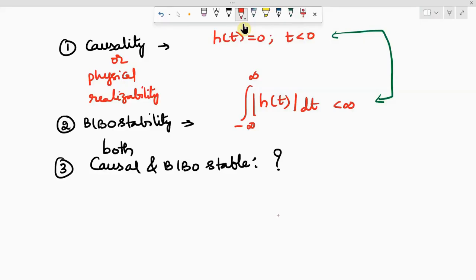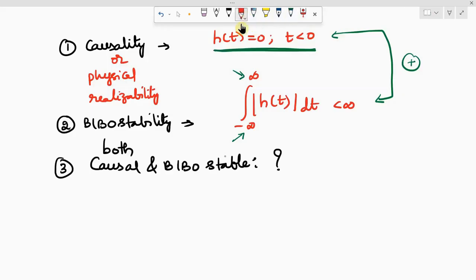Shall I proceed? Please check here. What are the limits for BIBO stability? Infinite limits. Okay, it is minus infinity to plus infinity. Now see the condition for causality: does h of t exist for negative time? No, sir. Now combine these two.